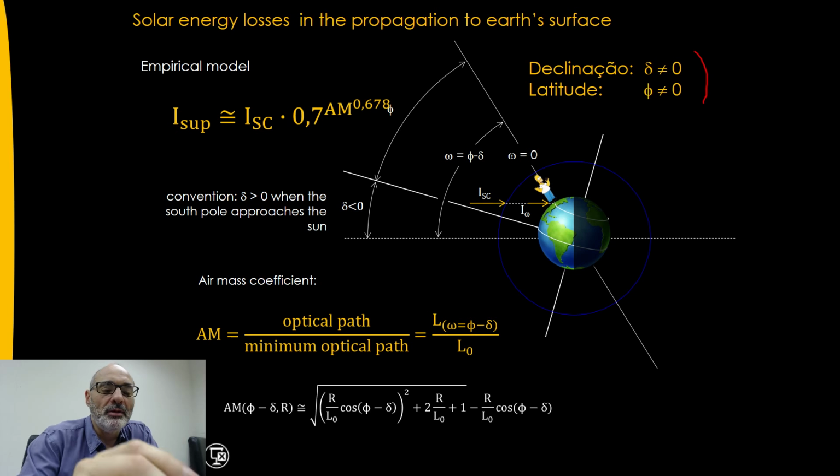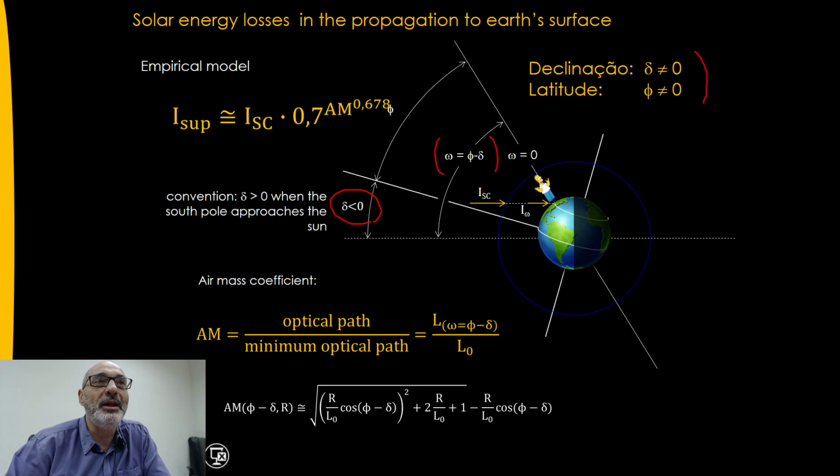Now, the last thing we need to do is assess the most generic situation, declination different than 0 and latitude different than 0. It's actually simple. If delta is different than 0, you simply calculate things in terms of a relative angle, as I'm showing you in this picture.